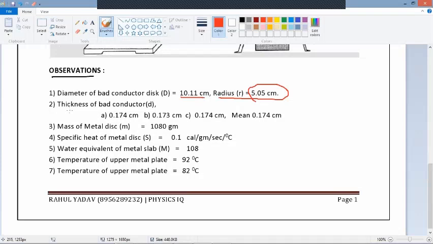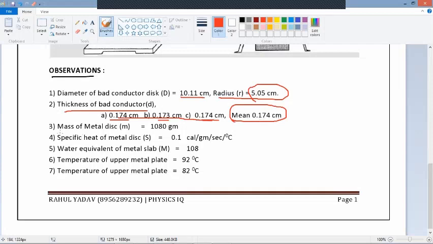Okay, and we have also evaluated the thickness of the bad conductor. The first value we got is 0.174 centimeter, the second one is 0.173, and the third one is again 0.174 centimeter, and we got the mean of these three values, which is 0.174 centimeter.